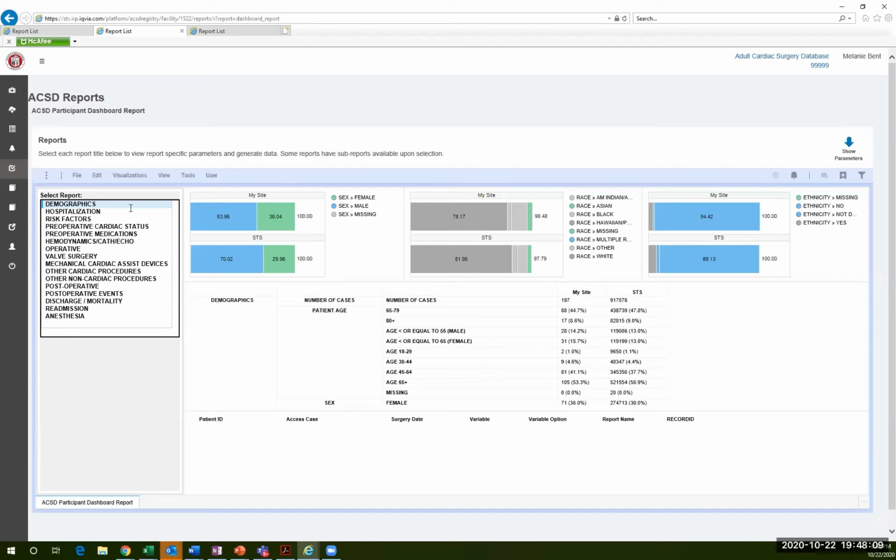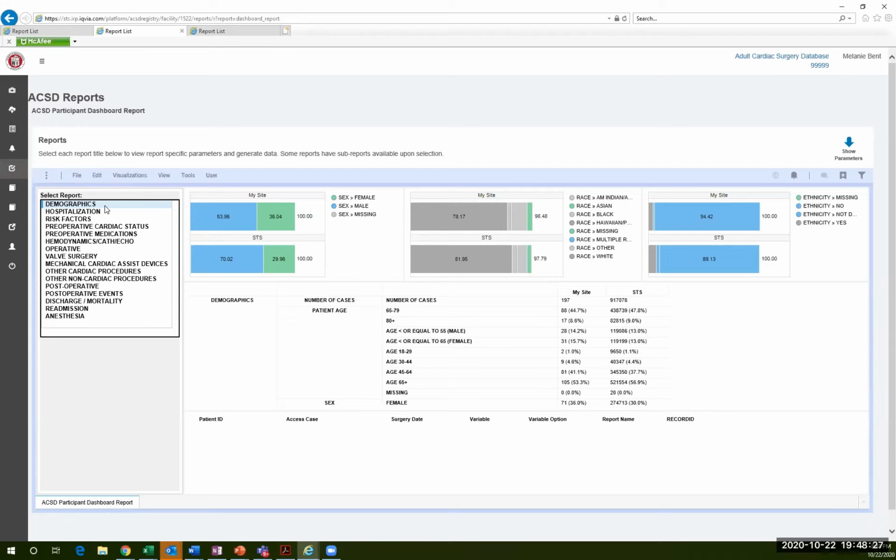But coming over to the section to the left, you'll see that it gives you an option where you can select an actual report. So I think this is a great segue, especially since Carol walked us through the data collection form, and really the dashboard follows that same model.